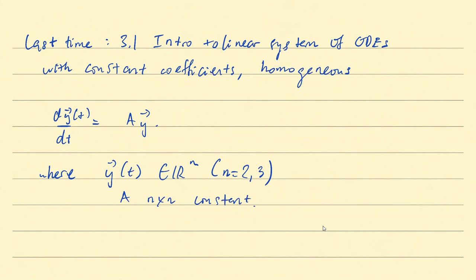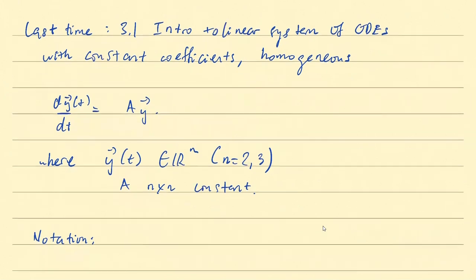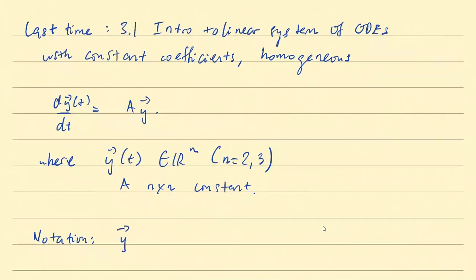So to repeat again what we said last time, in terms of notation, I want to emphasize that notation will be heavy in this material. So it's very important that you know what object we're looking at. That's one of the features of linear algebra. If you don't know it's a vector, scalar, etc., then it's going to be very hard to understand the context. So when I have something like this with an arrow, that's going to be a vector in Rn.